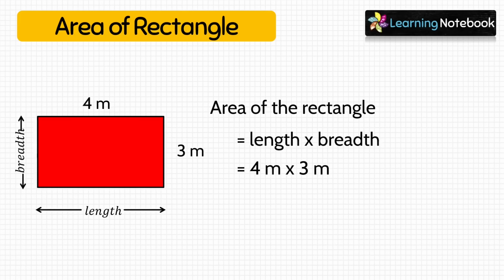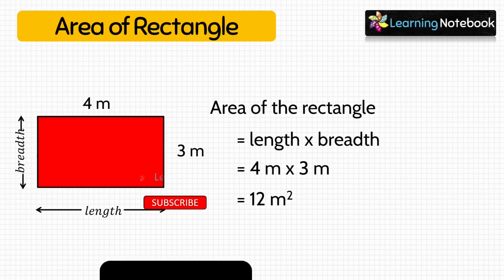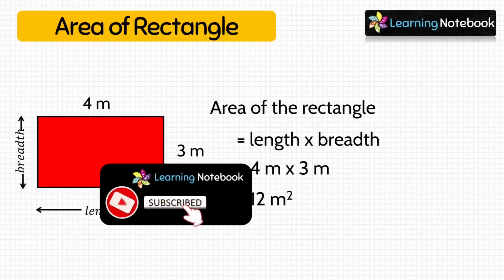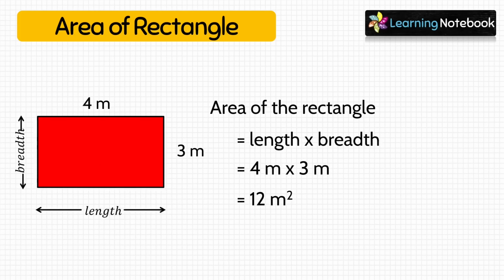So, 4 into 3 equals to 12. So, area of this rectangle is 12 square meter. Students, please do note that unit of area is square meters or square centimeters, because here we multiply length and breadth.